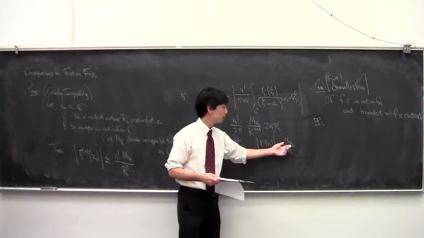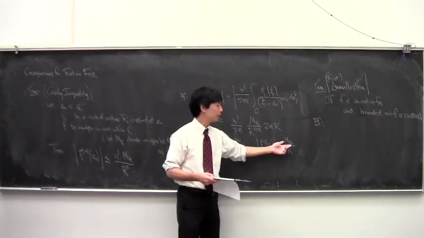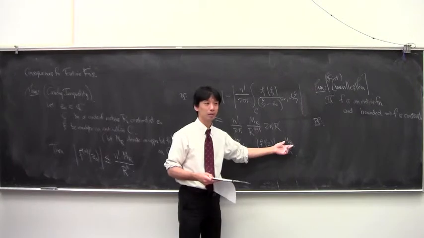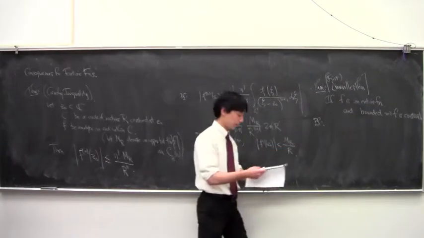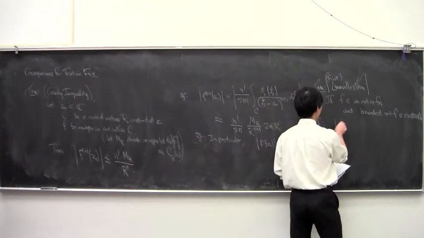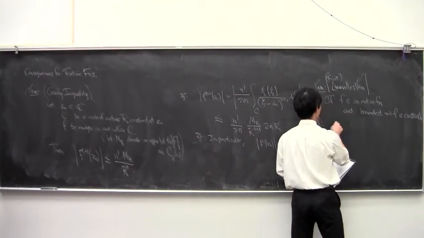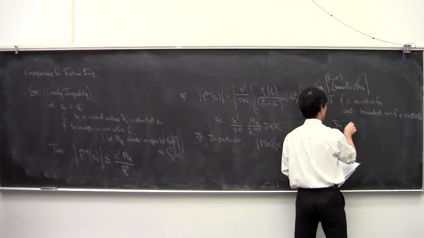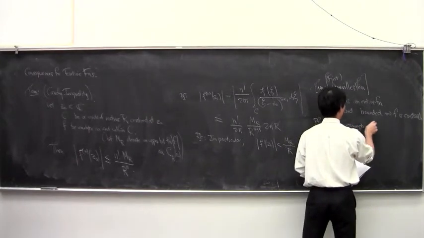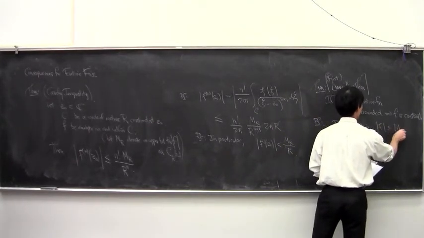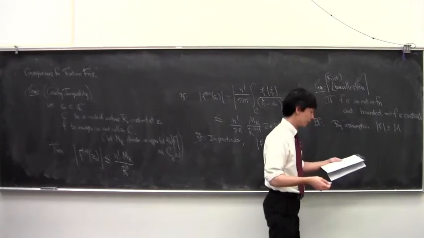If you're bounded, then this M sub R is independent of R. So there's an absolute constant. F by assumption is bounded by some absolute bound.